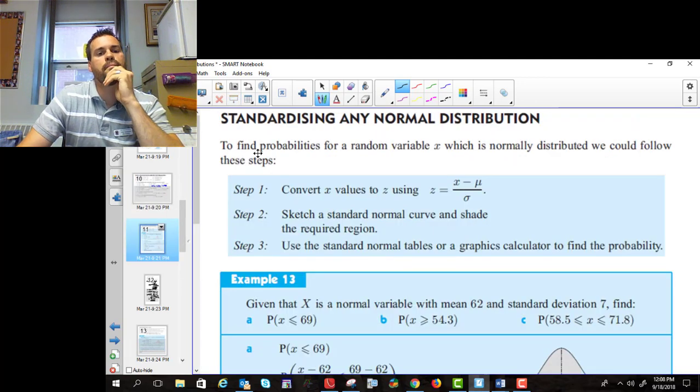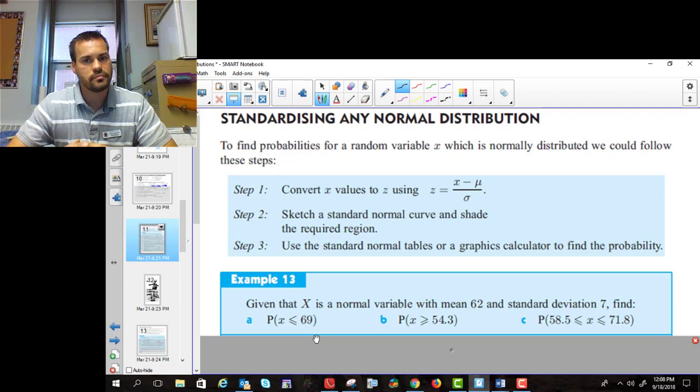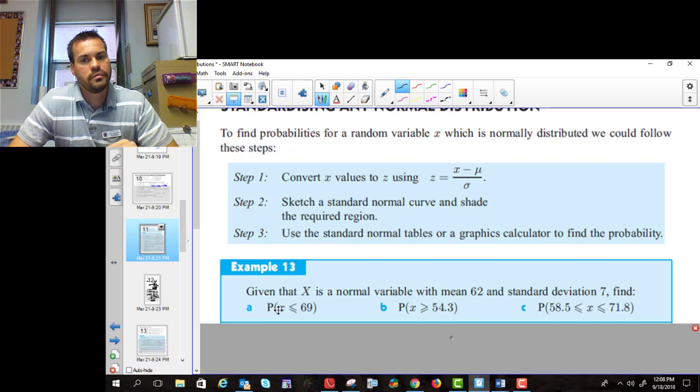All right? Now, in order to do this using this formula, you can figure out what the probability is of an x value by figuring out what the probability is for a z value. Now again, you don't have to use the standard normal tables. They're actually not even printed in the formula booklet anymore. But if you want to convert, you have to just take this little formula.